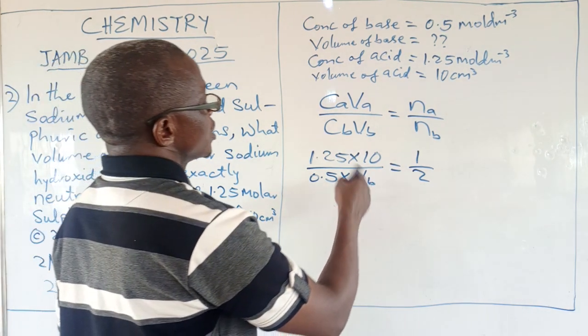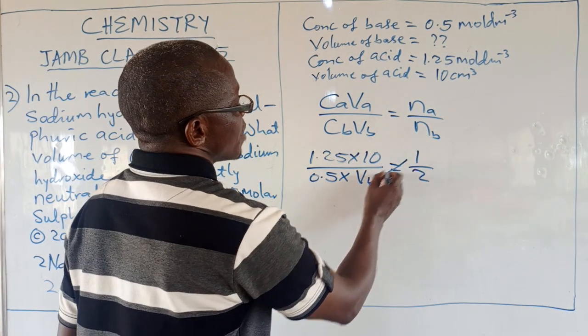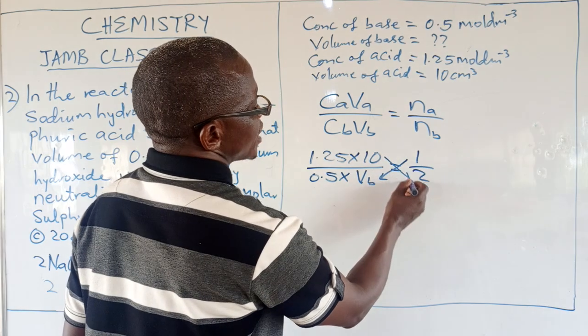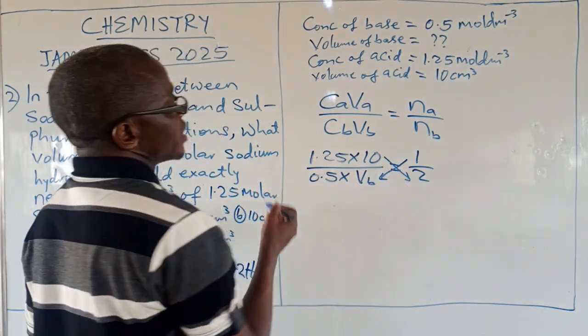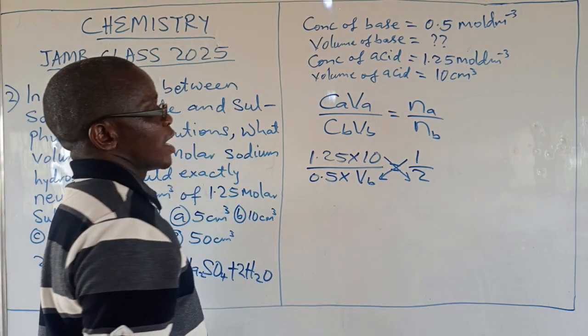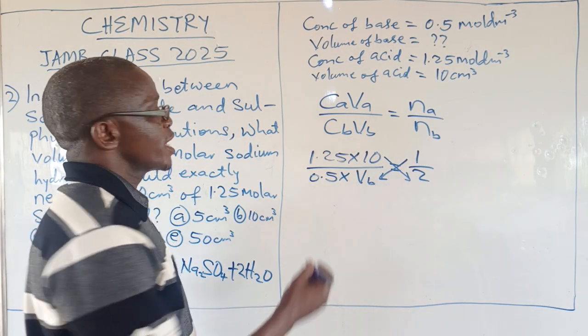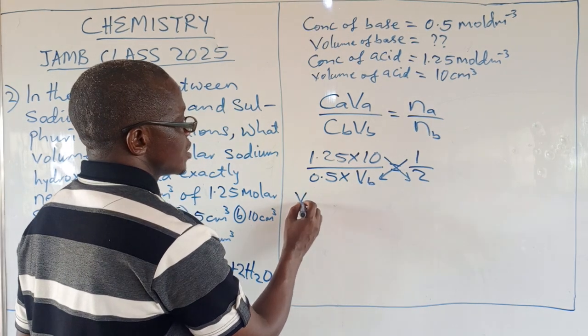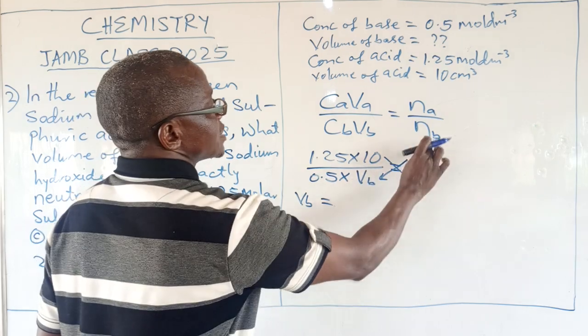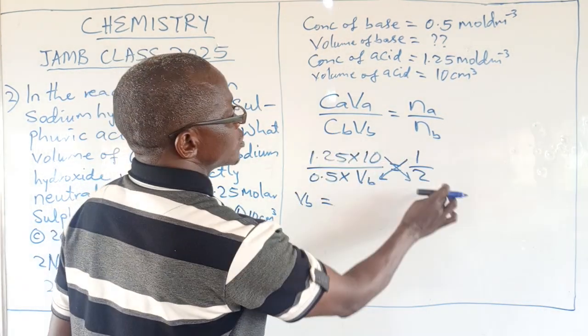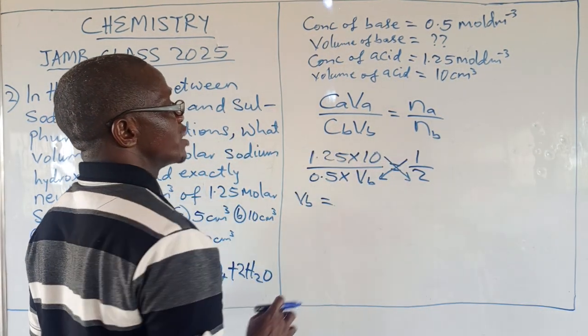Now, Vb will be solved by cross-multiplying. Take this, multiply by this, take this, multiply by this, and make this the subject of the formula. In a very short way, I like saying Vb equal to, since I'm taking this side, I will leave the concentration first before I come back to the remaining values.